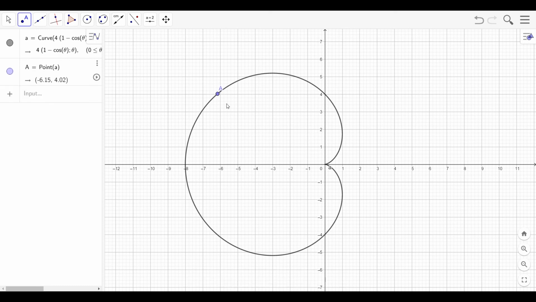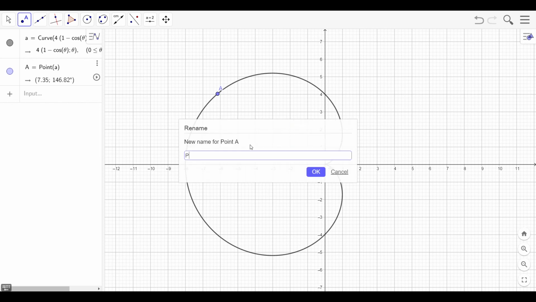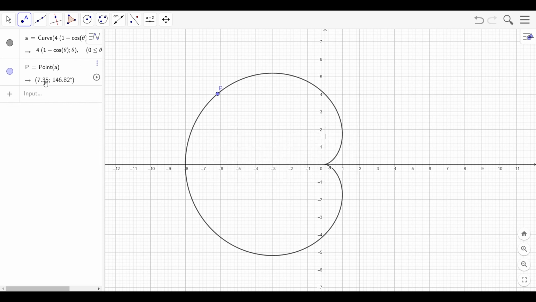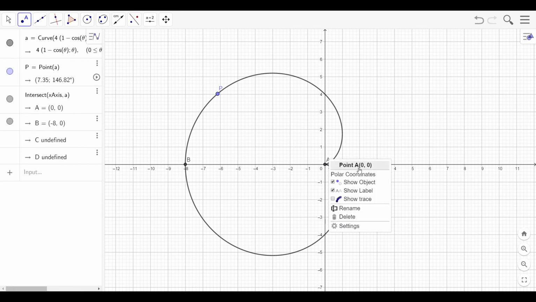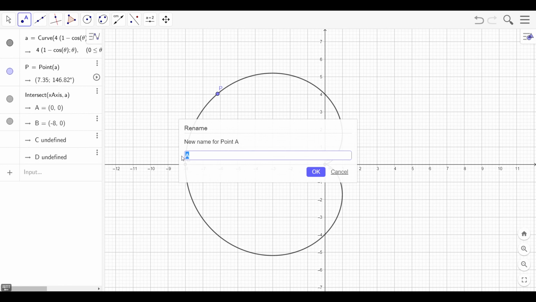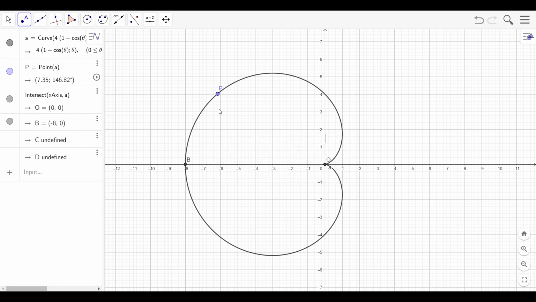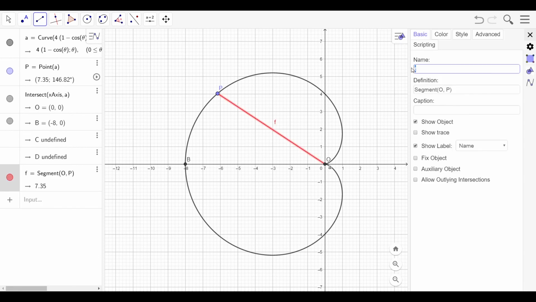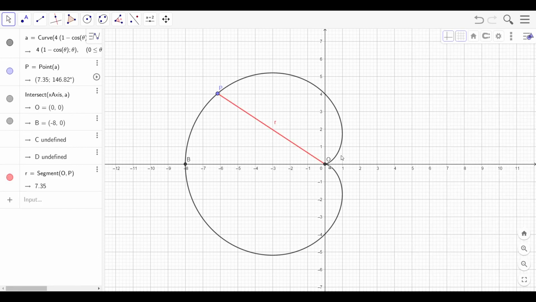So you consider any point on the curve. Suppose that this is the point P. So its polar coordinates are r is 7.35, the angle theta is 146.82 degrees. Suppose that this point is the origin O. Then you draw OP. So this is a radius vector, which makes an angle 146.82 with the x-axis, and radius is 7.35.